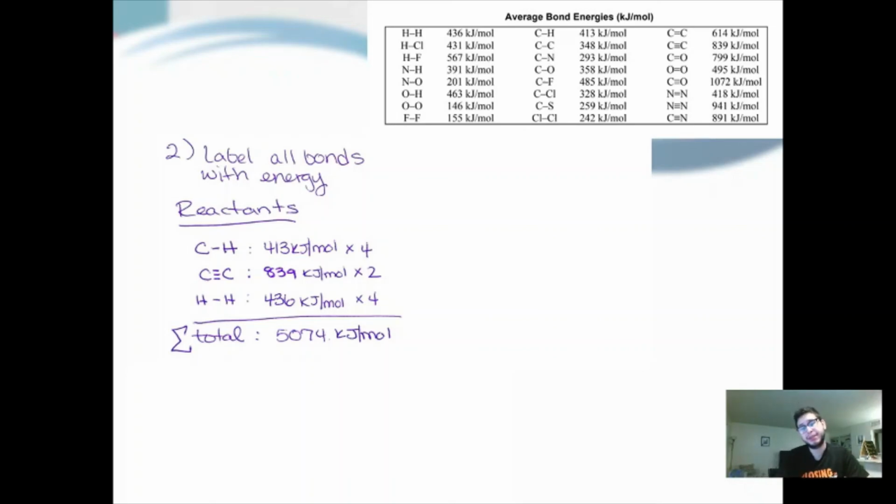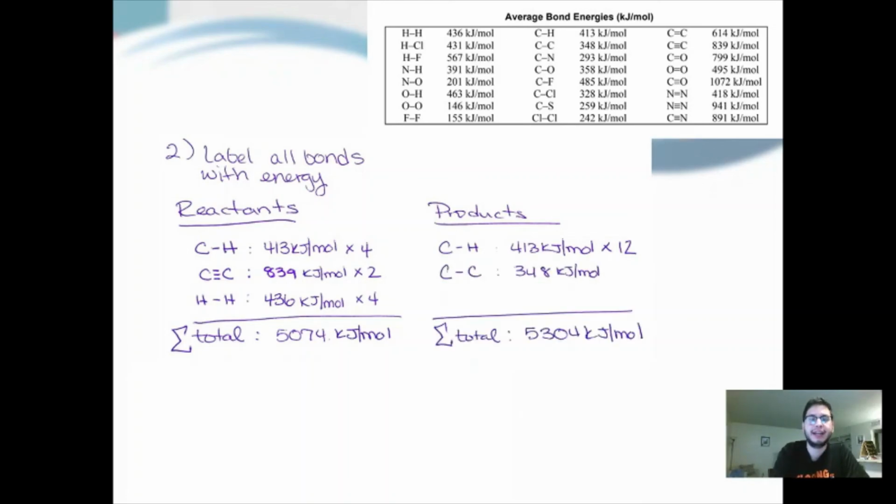I need to do the same thing for my products. So I'm going to focus on each bond for my products, and the bond that I see first is the CH single bond, and that is 413 kilojoules. Each molecule has 6 CH bonds, but because I have 2 molecules in my reaction, it's times 12.